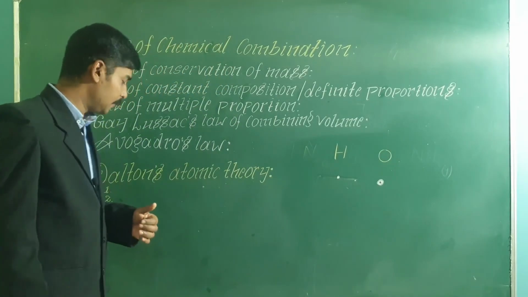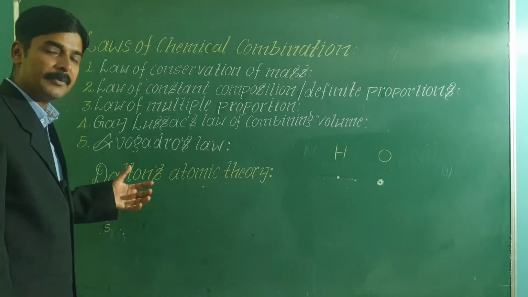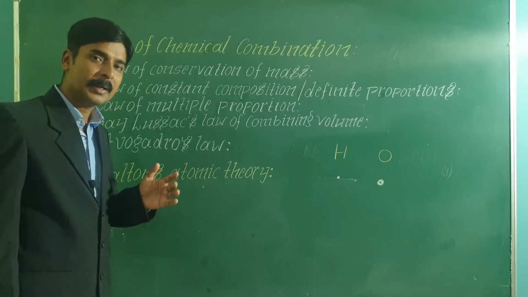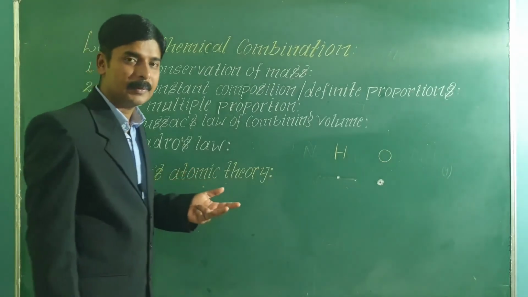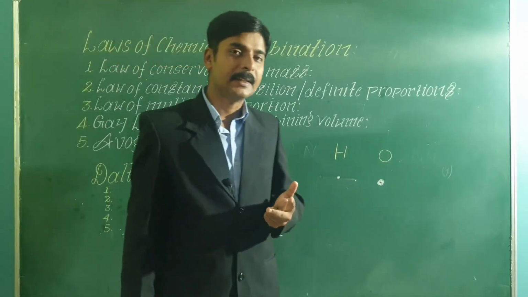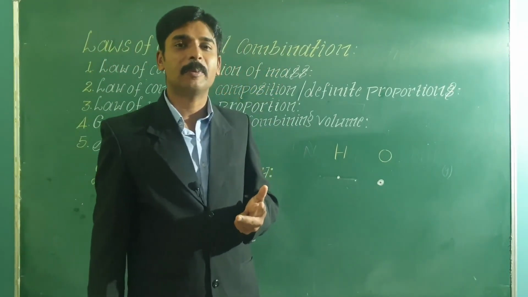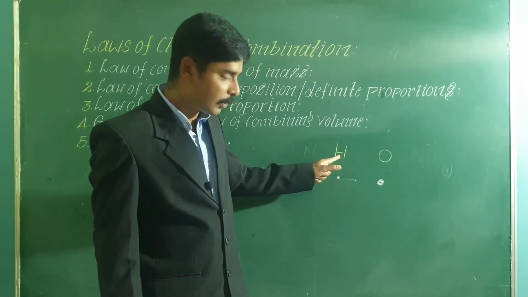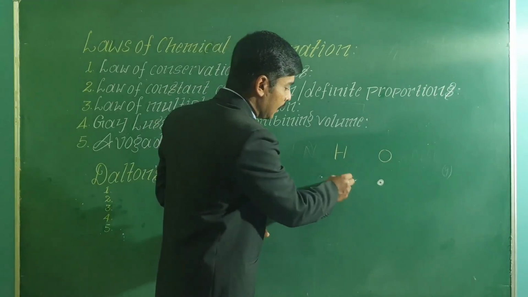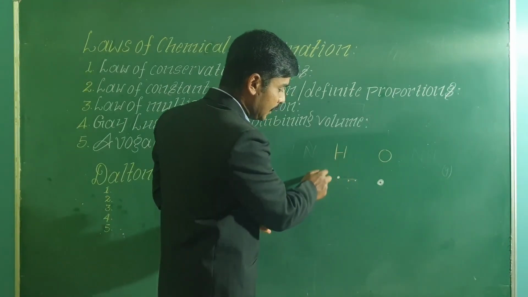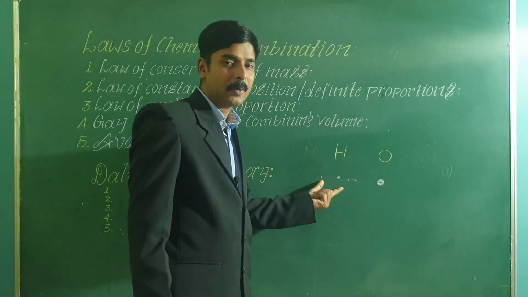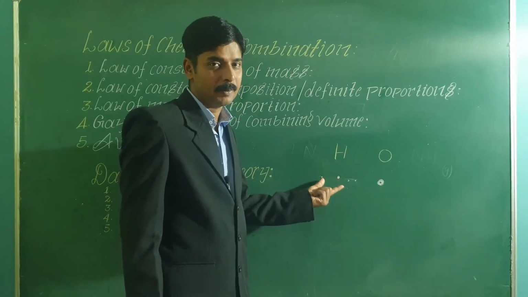Once again I will recall. The first postulate, every matter is made up of tiny particles called atoms. Second one, atoms can neither be created nor be destroyed. Third one, atoms of a given element will have the same, identical properties.